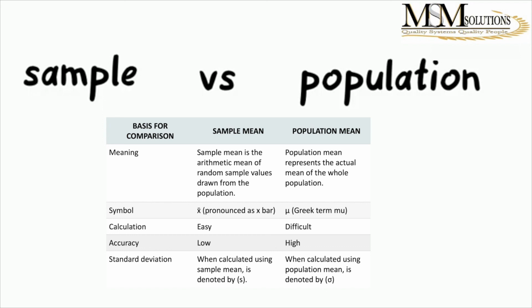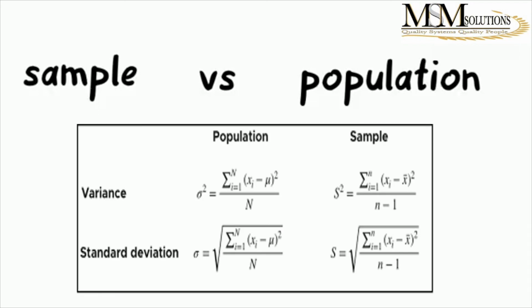So you would see that when you look at sample and population, the calculations are different. When you look at variance and standard deviation, those calculations will also be different depending on whether you're calculating for a population or a sample. And when you go into Excel as well, Excel will have different calculations for variance.